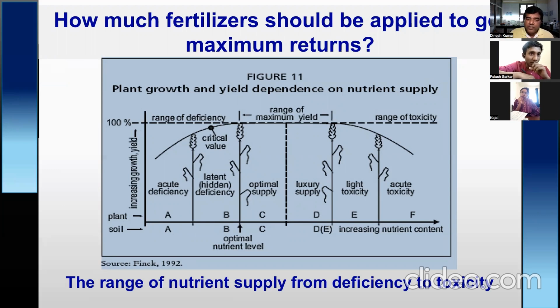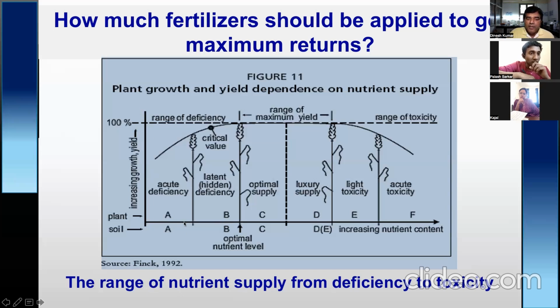It is showing you just relative values. So from left side to right side, if you move on x-axis, the values are increasing. Means concentration of nutrient either in soil or plant is increasing when you move from left to right. Similarly, on y-axis, the yield or growth is increasing as you go from lower side to upper side.